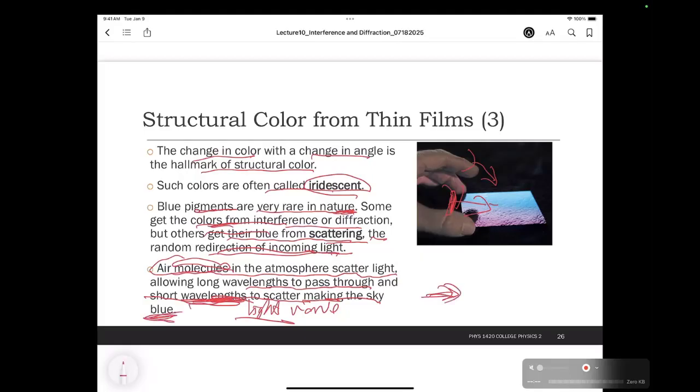Does that make sense to you? So there is no color for the sky. It's just the air molecules scattering light, and then we see the sky is blue. Does that make sense to you?